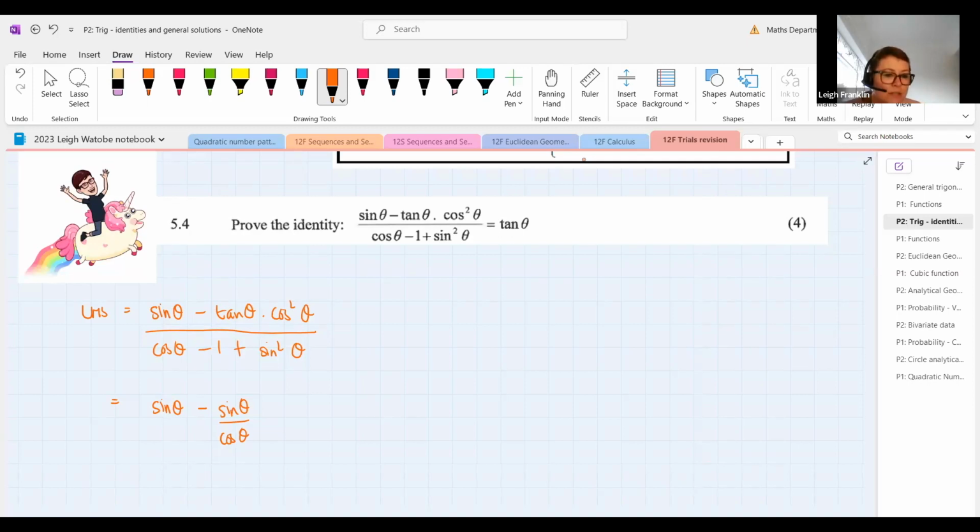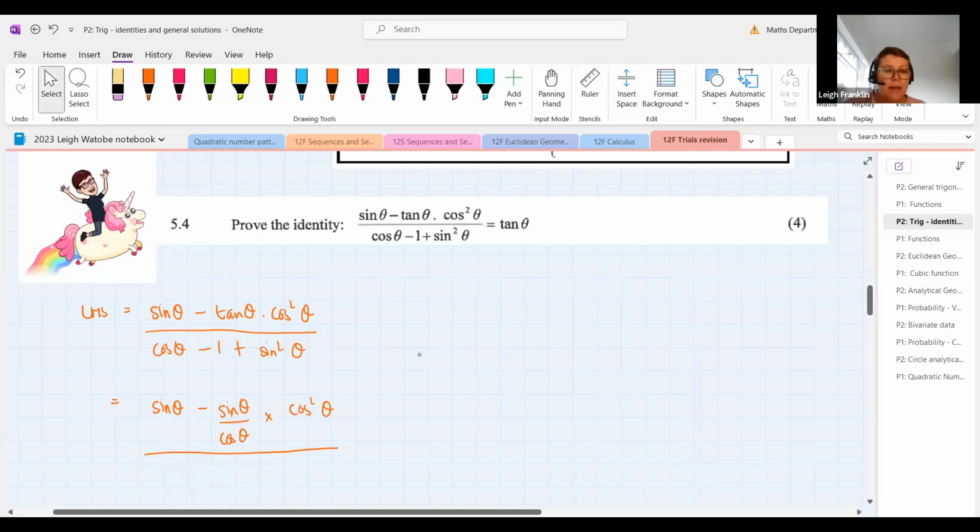It's the cos theta that's in the denominator. And then when I multiply by cos squared theta, I'm going to make sure that is also in the numerator. That's just going to help you see what you can cancel down and what you can't. It's important when you're working with fractions to know what's at the top and what's at the bottom. And so our setting out here is really important.